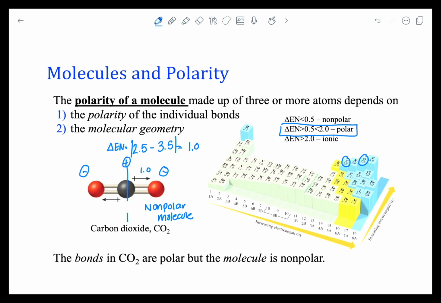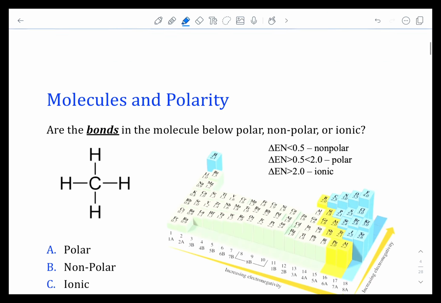So because the electrons are being pulled in equal but opposite directions, the molecule overall is going to be nonpolar. So our final statement here is that the bonds in CO2 are polar, but the molecule overall is nonpolar. Okay, let's keep looking at this.